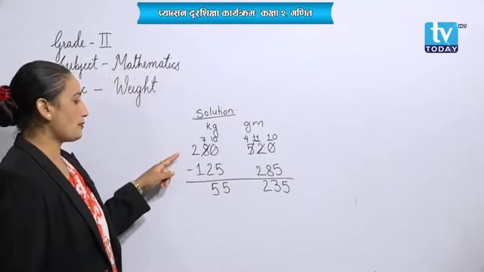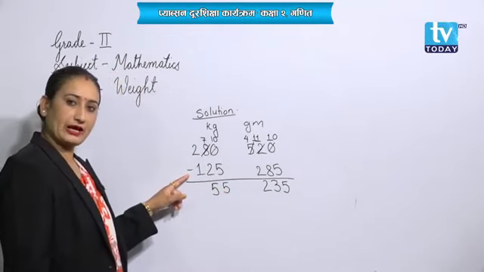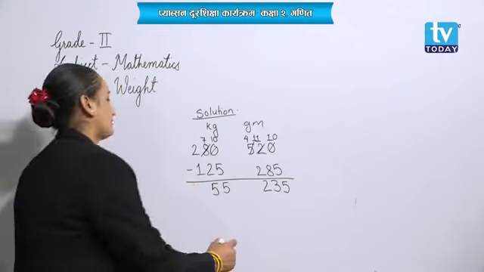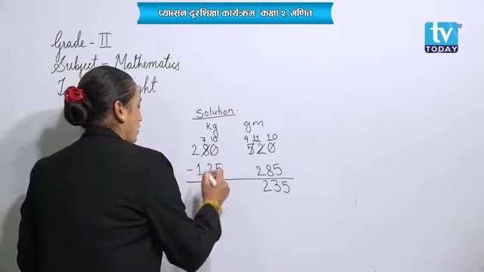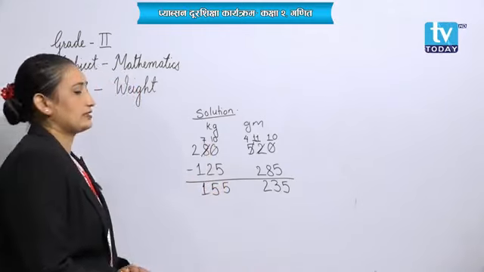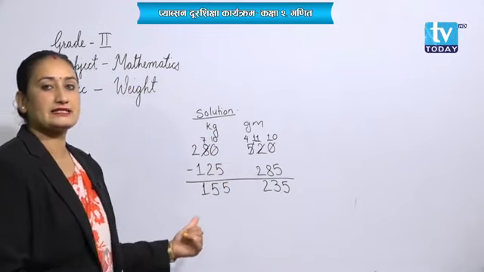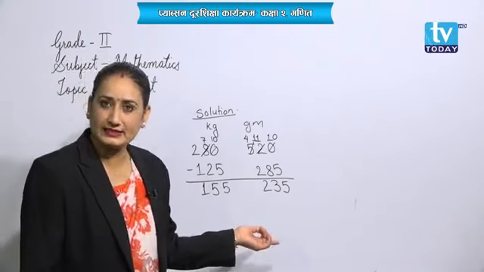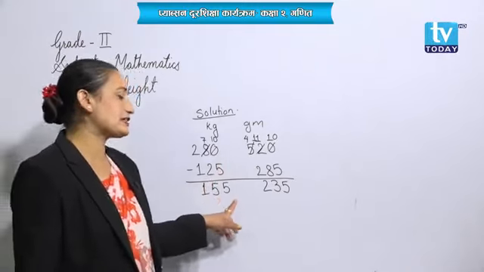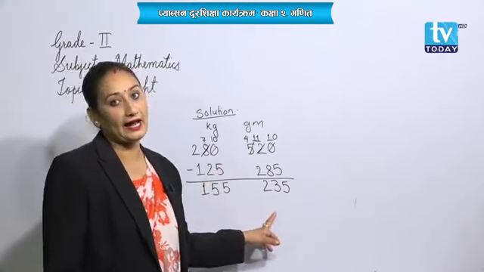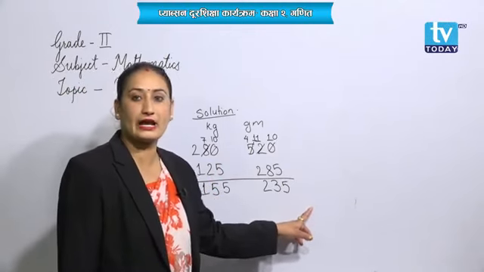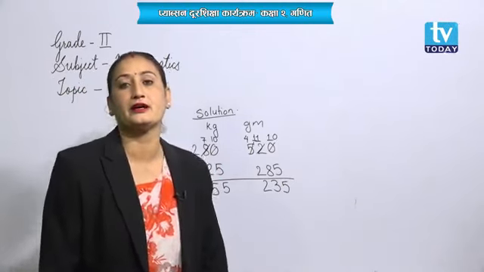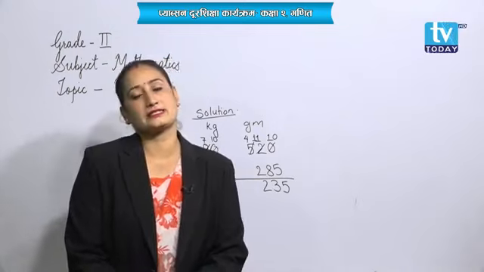Then 2 minus 1, can we subtract it? Yes. Then what will be the answer? 1. Now student, how much left over there? It's 155 kg and 235 gram of fruits left in the fruit seller's shop.